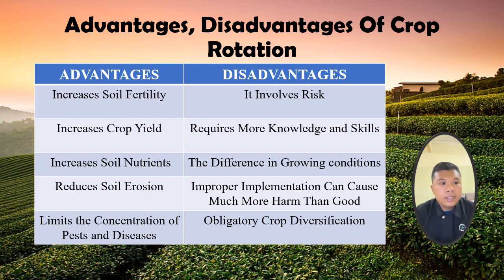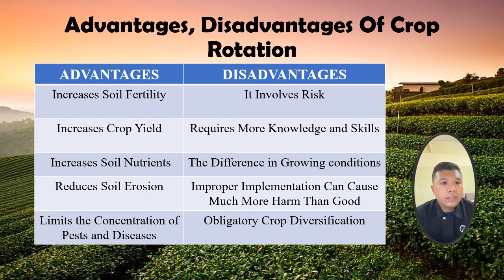So the advantage number 2, increase crop yield. Because of the incorporation of different crop types, one gets not only a variety of crops after each season, but it also generates bountiful harvest.